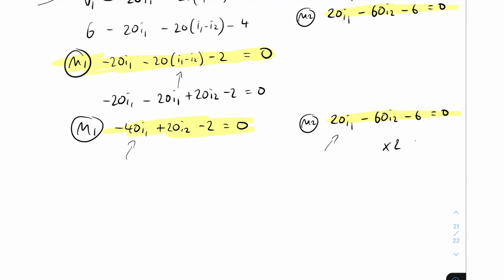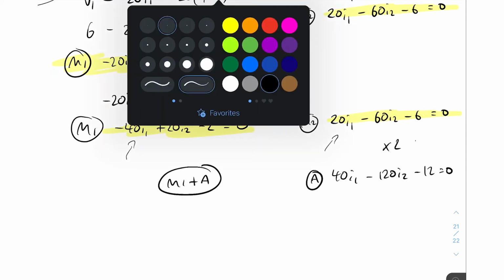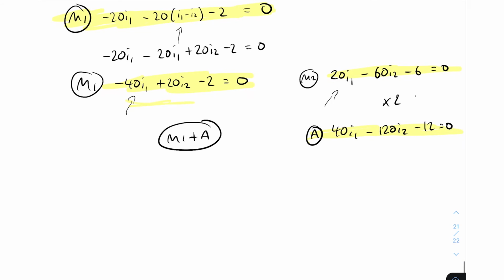So times this by 2, so we get 40 I1 minus 120 I2 minus 12 is equal to 0. We can call that A. Right, so now all we need to do is M1 plus A. So basically adding this equation here with this one here, and then we can work out what the values of I1 and I2 are.